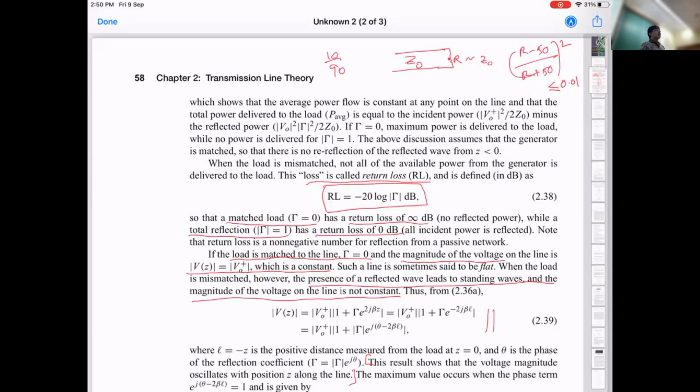For example, in high power situations, like in a radio station, you are trying to transmit radio waves over kilometers distance, maybe even larger. How does the radio transmission work? The waves come and have to go to an antenna, which then radiates. So the antenna plus the three-dimensional space can together be thought of as a load, because the wave coming along your feed line has to be absorbed by this.